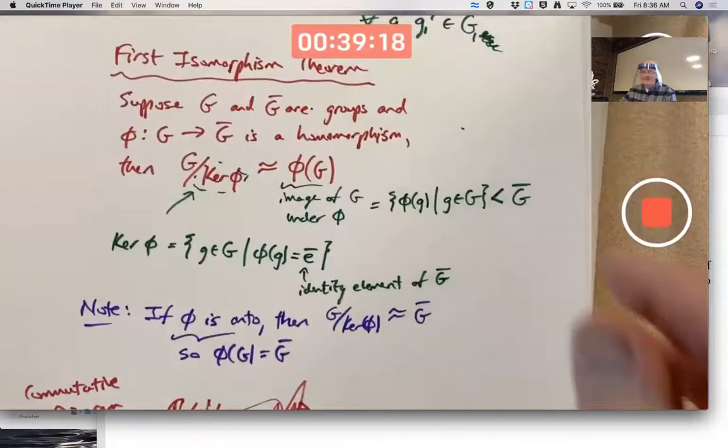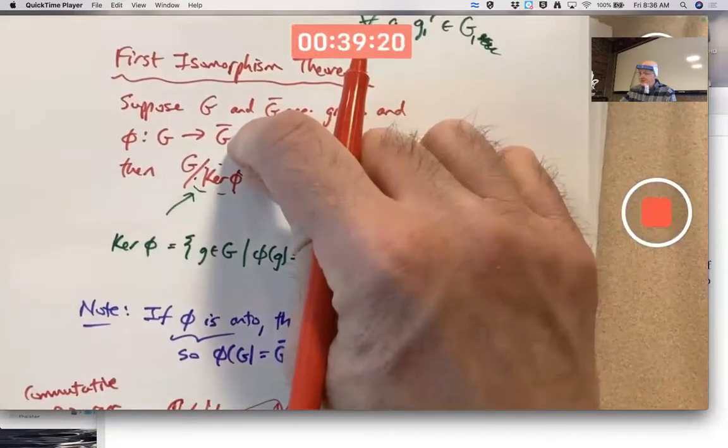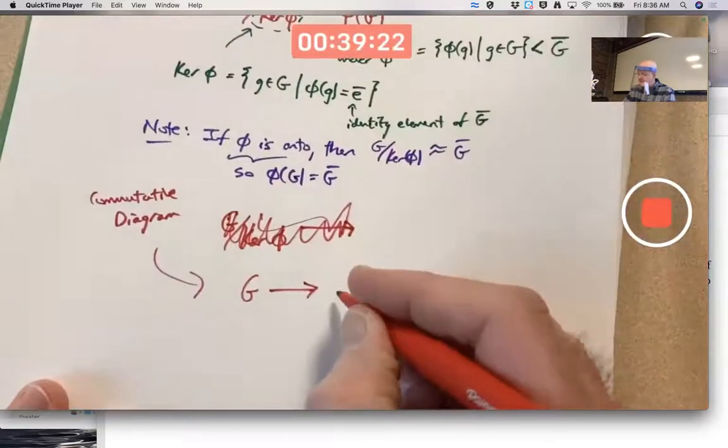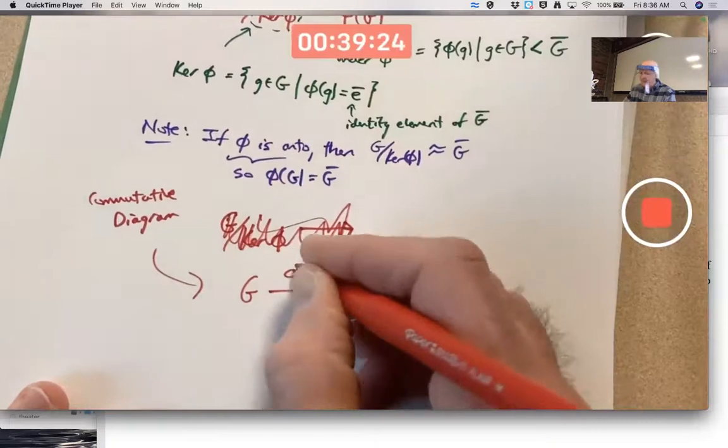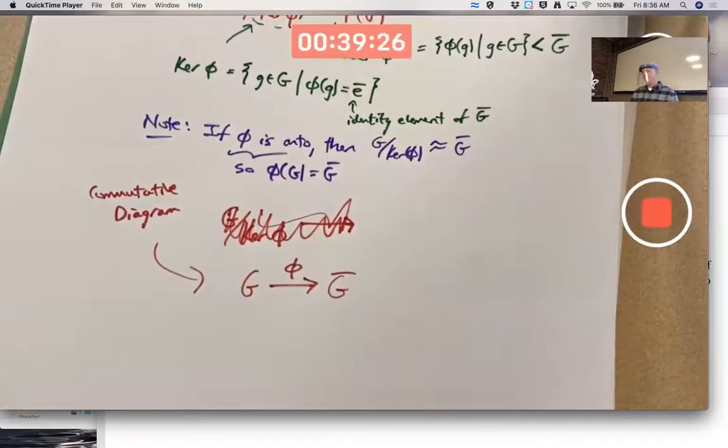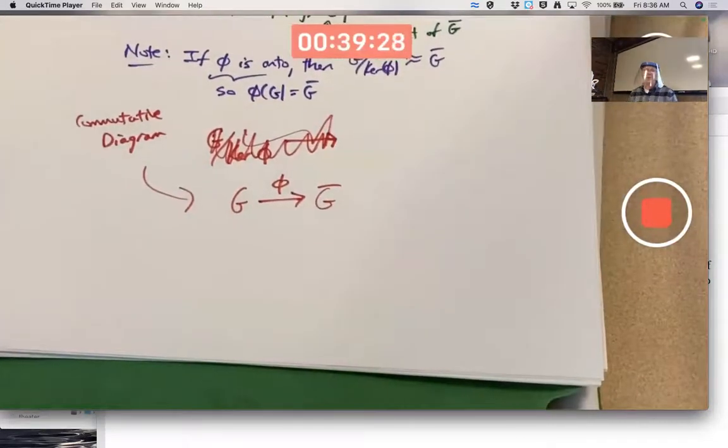Another way besides this to picture functions is to put the function name above the arrow. That also is shorthand notation for phi being a function from G to G bar, not necessarily onto. In other words, the domain is G and the codomain is G bar, but the image does not necessarily equal the codomain.